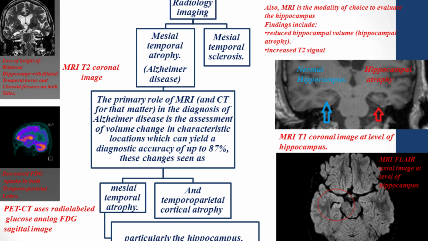On the right side, we have an MRI T1 coronal image at the level of the hippocampus, revealing a normal hippocampus on the right side, while on the left side there is hippocampal atrophy. Another MRI FLAIR axial image at the level of the hippocampus shows diffuse increased intensity of the hippocampus with decreased volume.